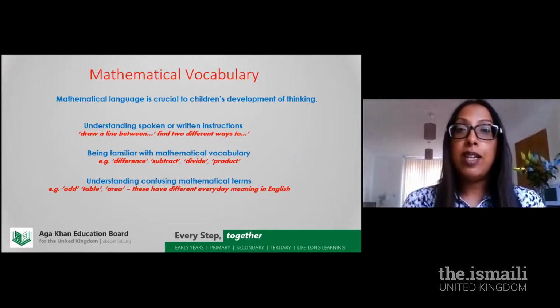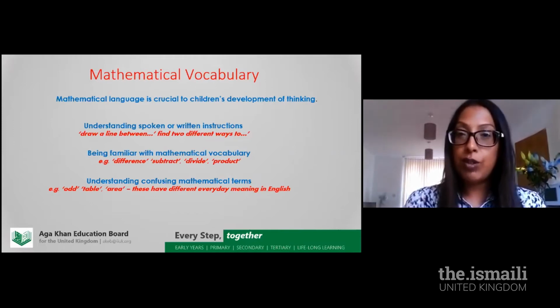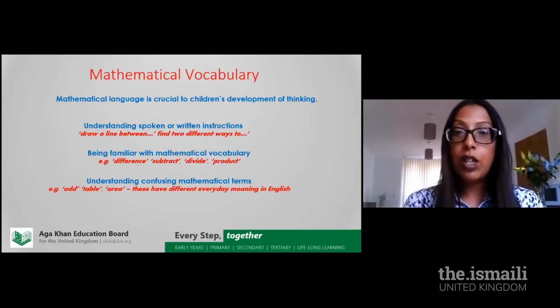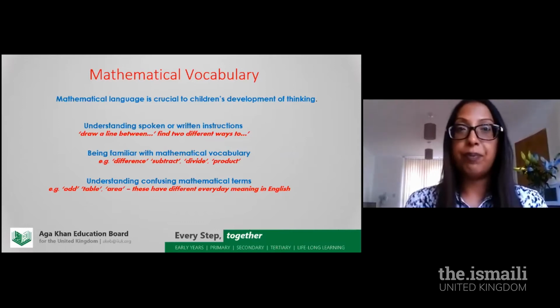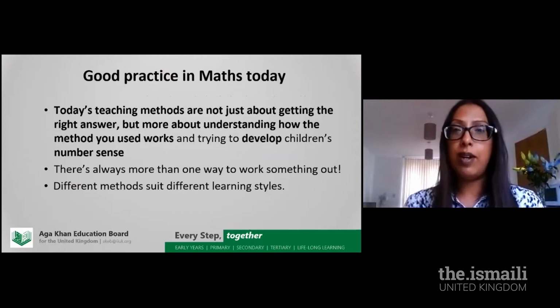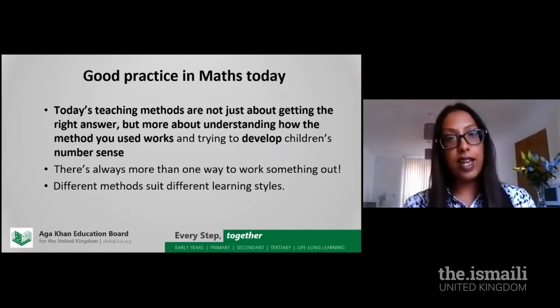They need to become familiar with the mathematical terms used. So when you are working at home with your child, please make sure that you do use these words. They become more confident and more used to these terminologies. And they should be able to understand that some maths terms have dual meanings, as the English language can be confusing.